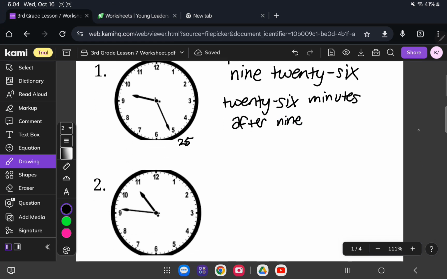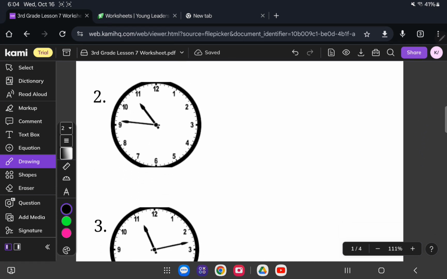There we go. Number 2, the longhand is right next to the 9, which means that's 45, and 1 up, so that means 46. And the longhand is closer to 11, but it is still 10 because the longhand is still at the 9 and has not made a full rotation.